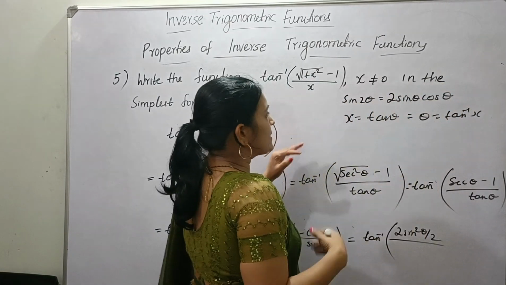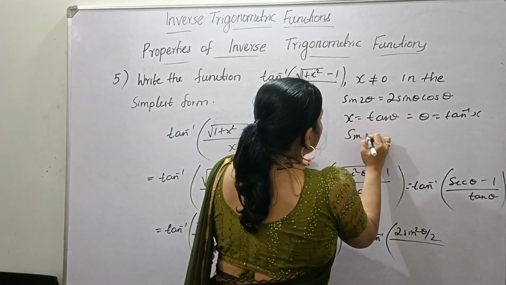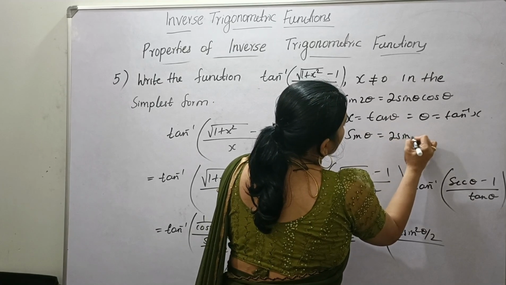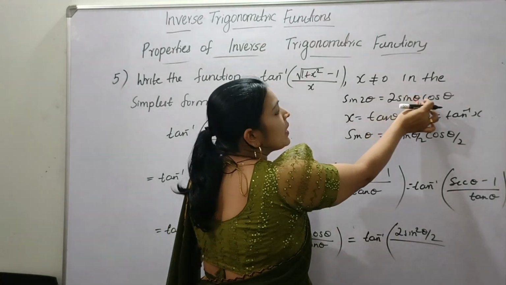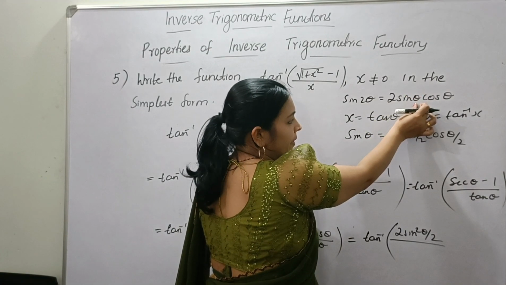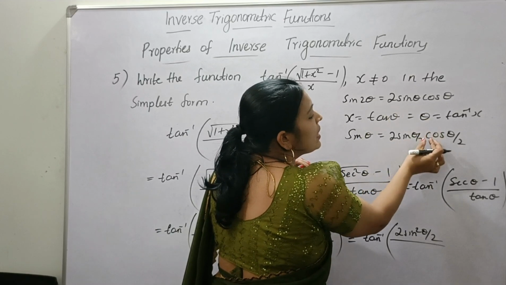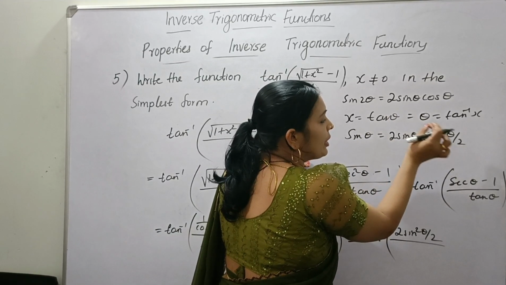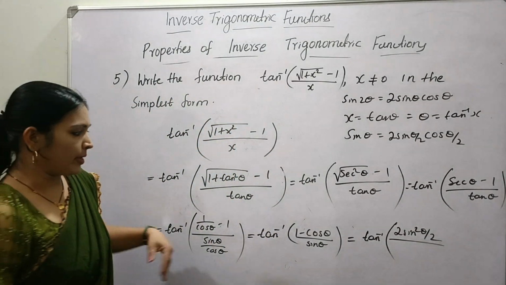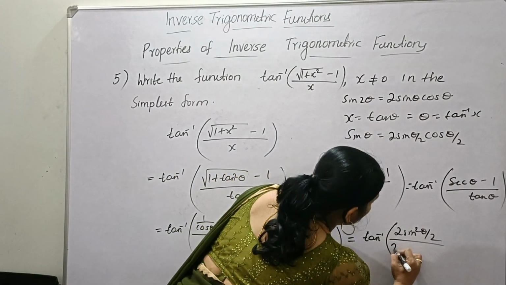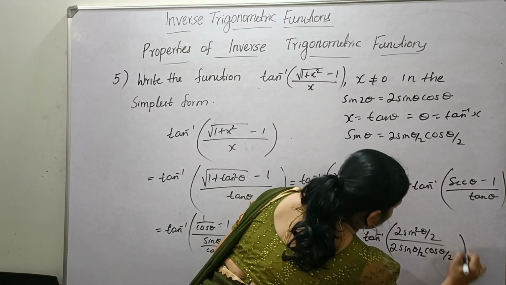So for sin theta, we have only theta, therefore half of theta, that is theta by 2. So sin theta is equal to 2 sin theta by 2 cos theta by 2. Let us apply it.